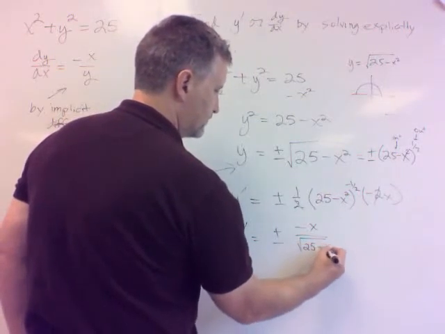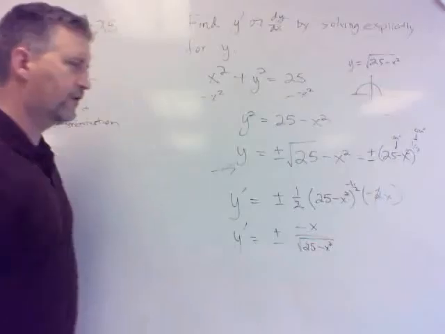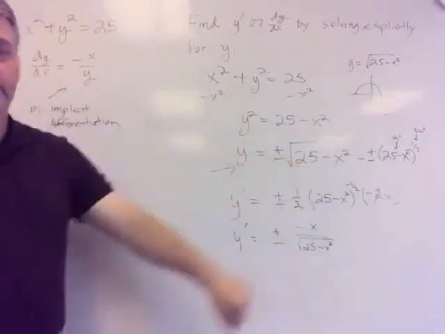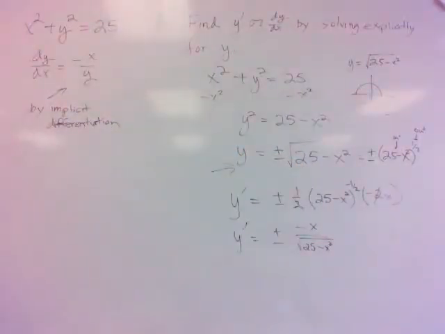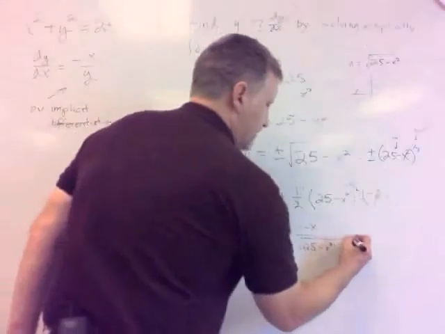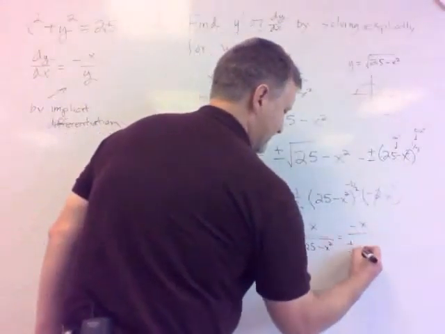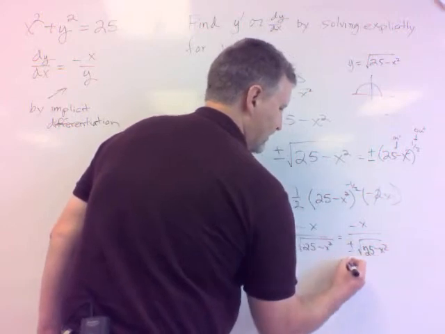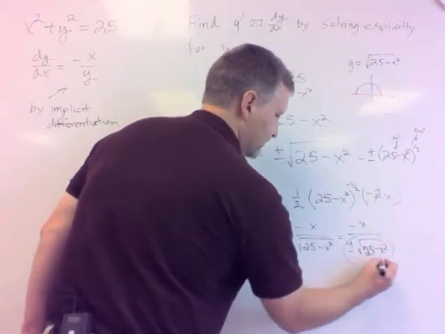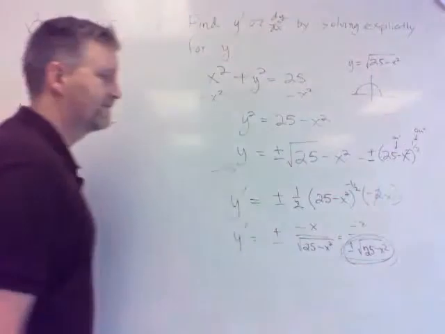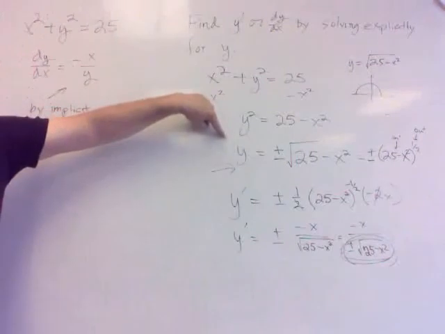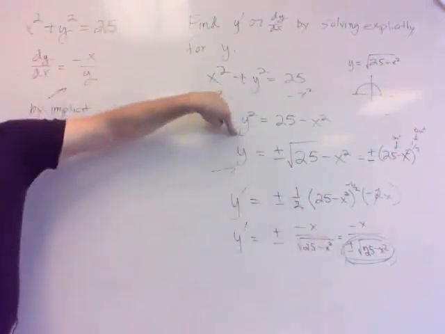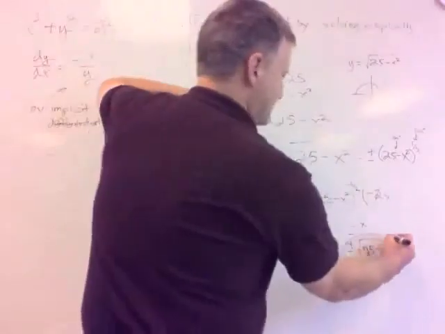Isn't that another alternative way we can write this? And because that plus or minus can go in, what is this? Isn't that y? So this is negative x over y.